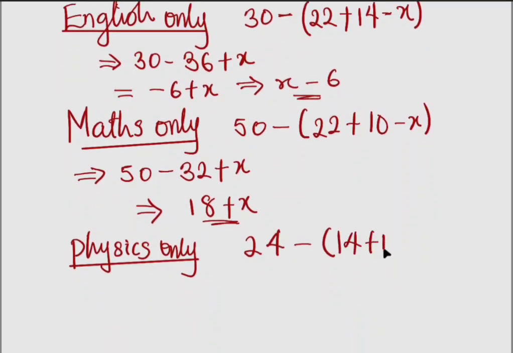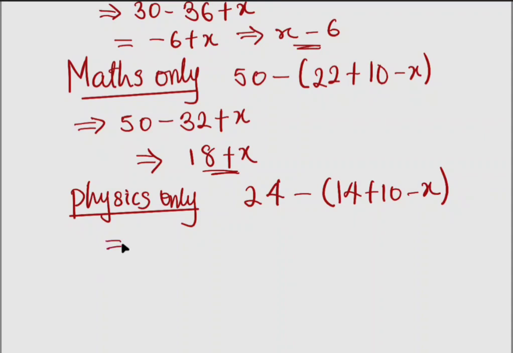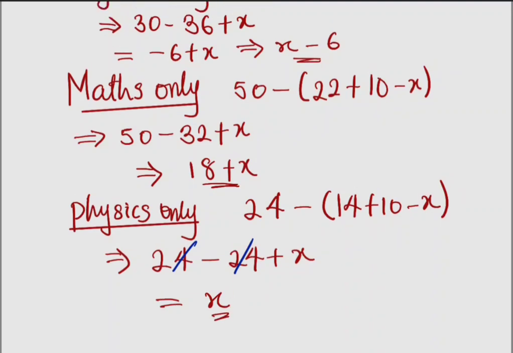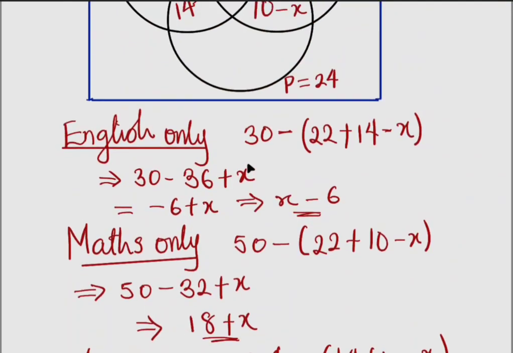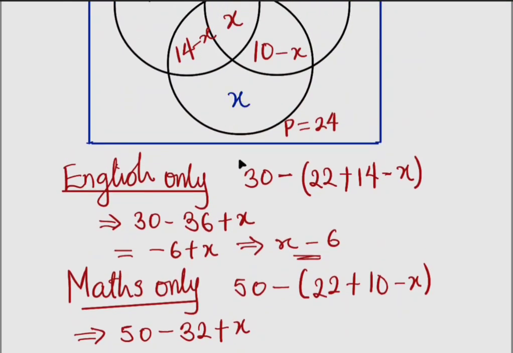While simplifying that, we shall have 24 minus another 24, because 14 plus 10 is 24, then plus x. So we have ordinary x, which is for physics only. So we put it there in our diagram as well, x.